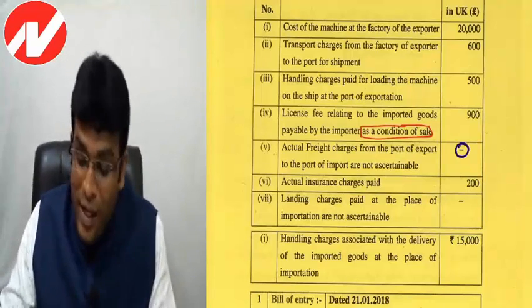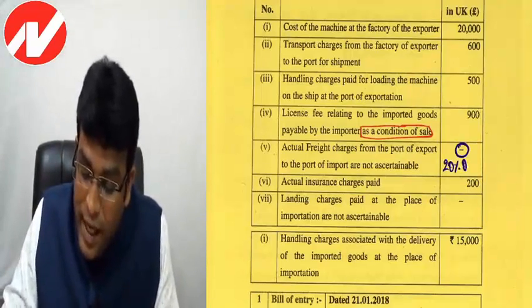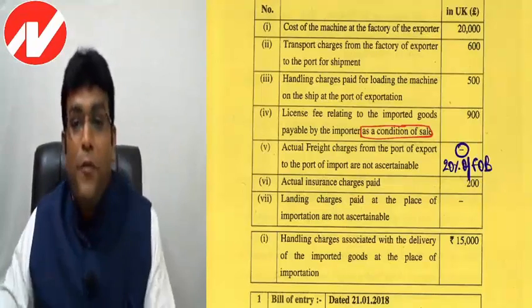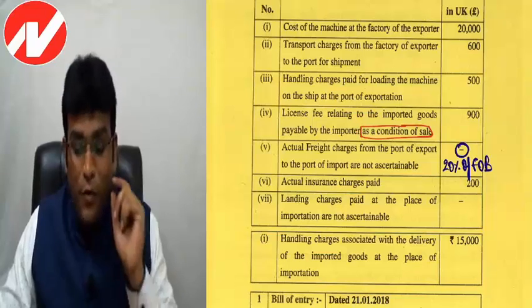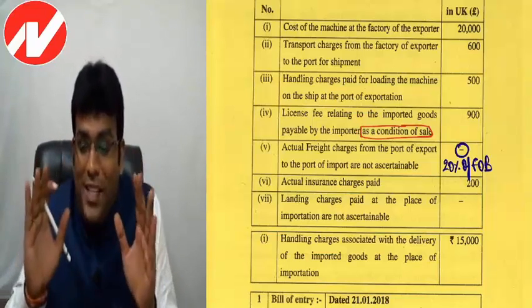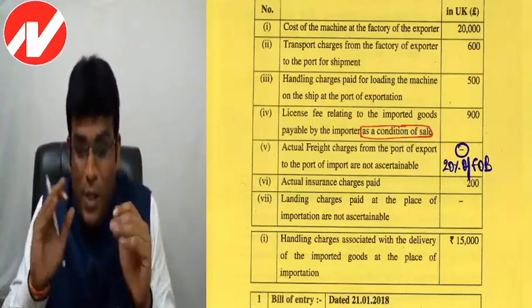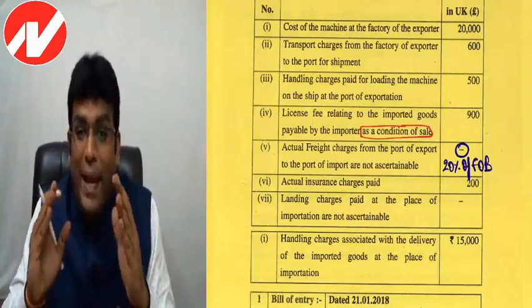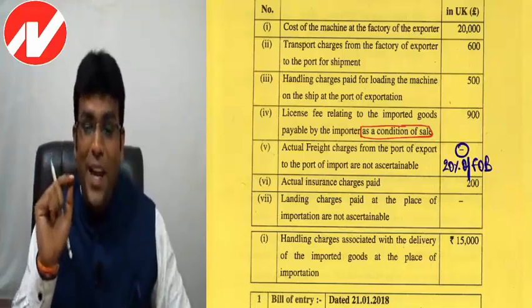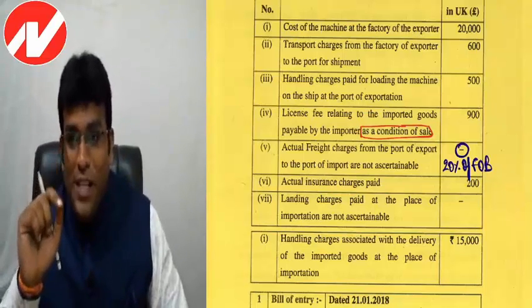Friends, when we don't know this, what we will straight away take is 20% of FOB. Because there are two cases where we take 20% of FOB. Number one, when freight charges are not ascertainable. Number two, when goods are imported by air. Because when goods are imported by air, actual freight is restricted to 20% of FOB.